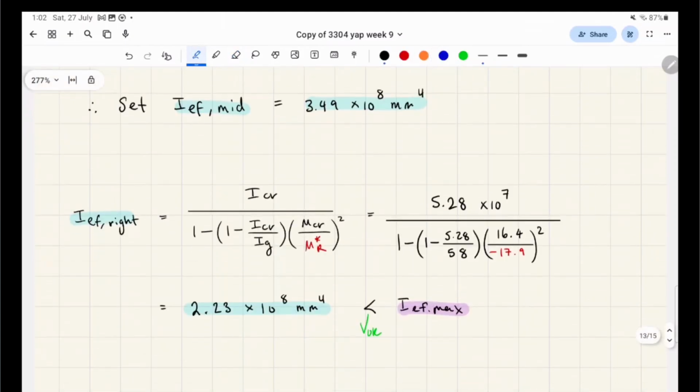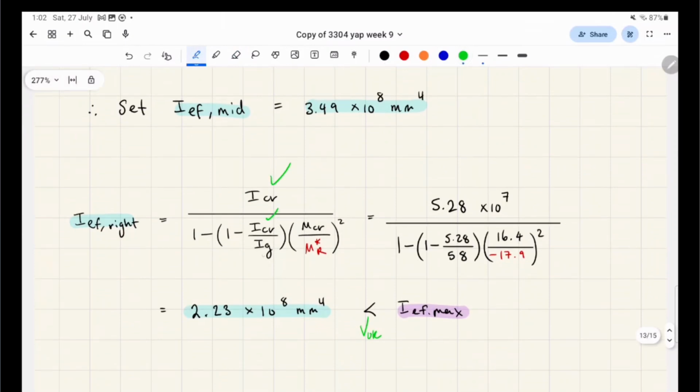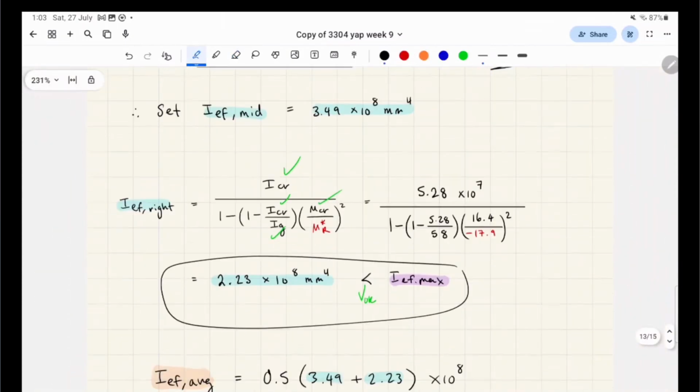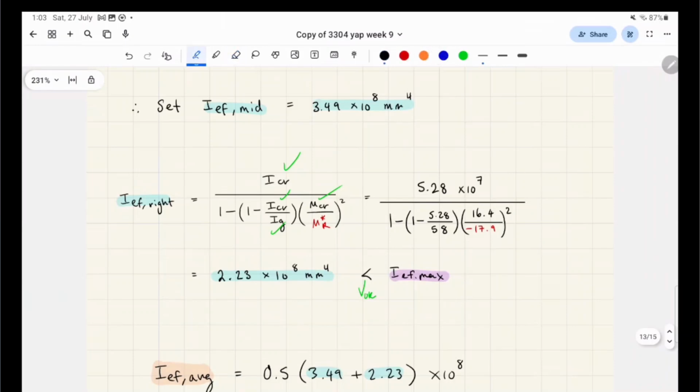And for the right-hand side, again, all these are constants, so all that's changed is this. Since it's squared, it doesn't matter if you put in the negative or the positive. This value is actually less than the threshold number, so we just keep it as is, right?